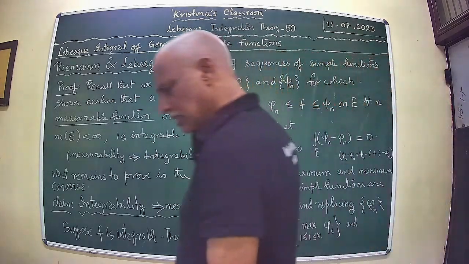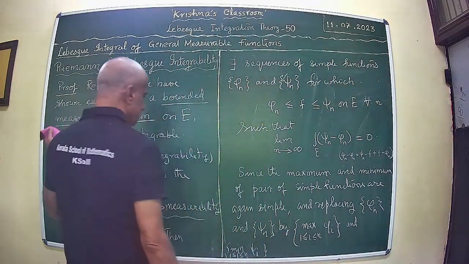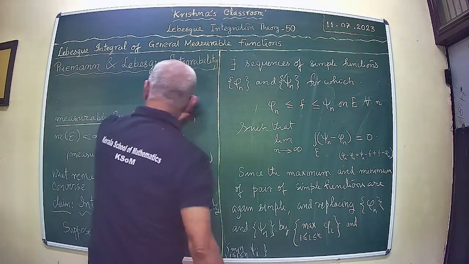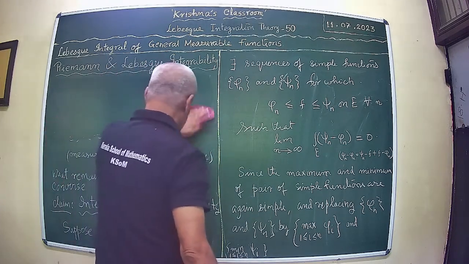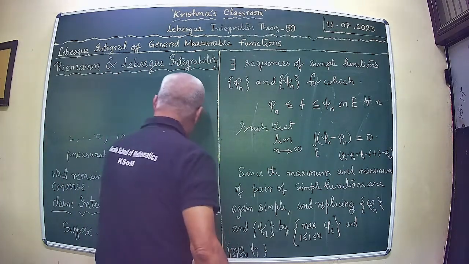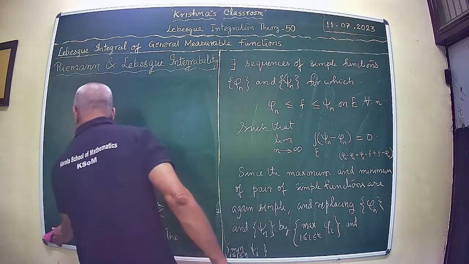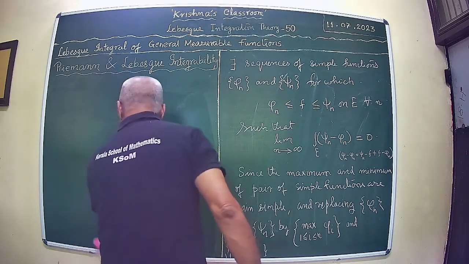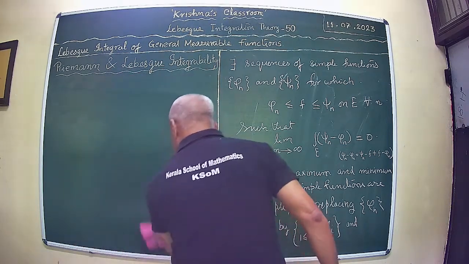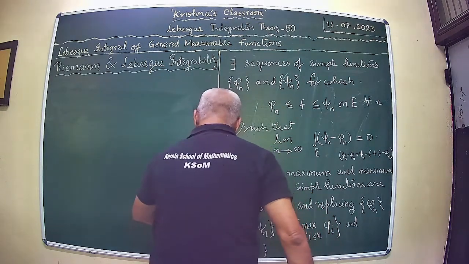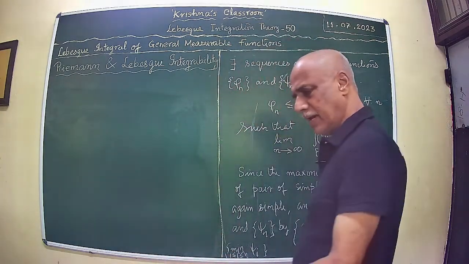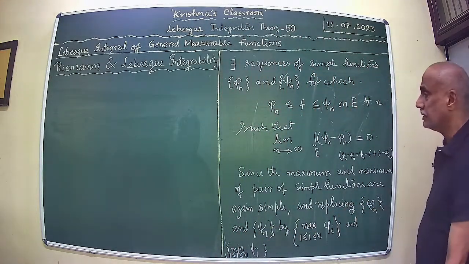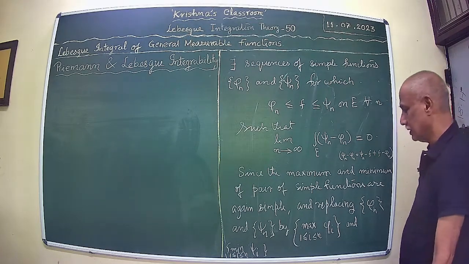Okay, they are again measurable functions. But what is the gain that you have? You get a monotone sequence of measurable functions. Okay, so the new set that you obtain is a monotone set of measurable functions.